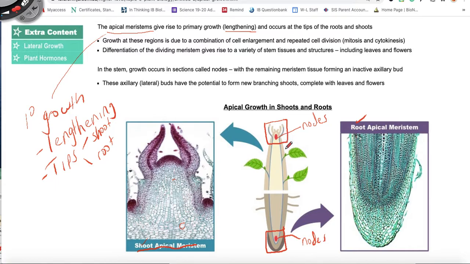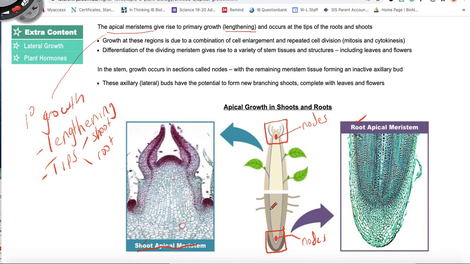Now, there is also other meristem tissue. So this whole thing is the meristem, right? But there's also this meristem tissue, outlined right here in blue. And this is called the axillary buds or the axillary lateral buds.